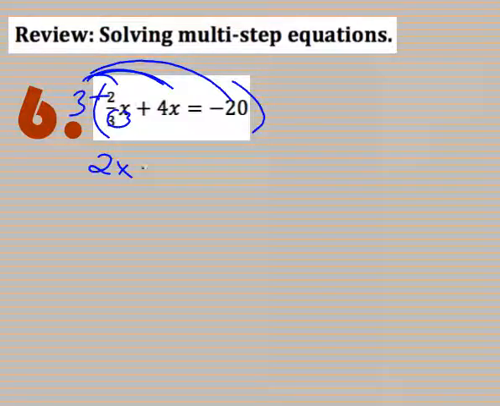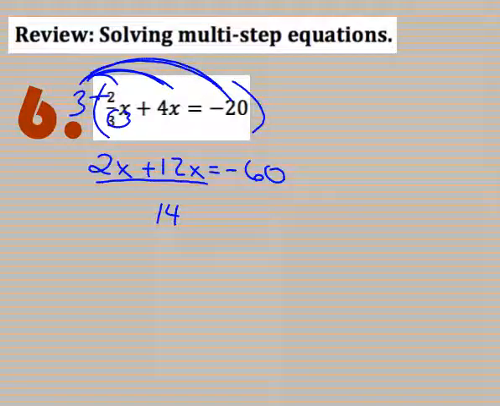But then 3 times 4 is 12x, and 3 times a negative 20 is a negative 60. So what I have here is 14x, because this is just combined terms, equals negative 60. Divide by 14, divide by 14, x equals, and if you're thinking about rounding, you're 110% correct.